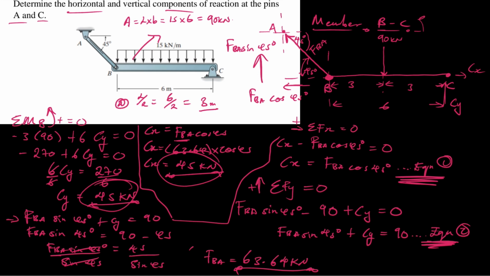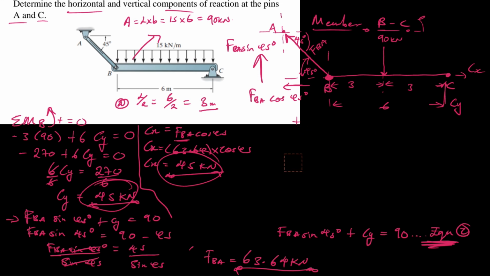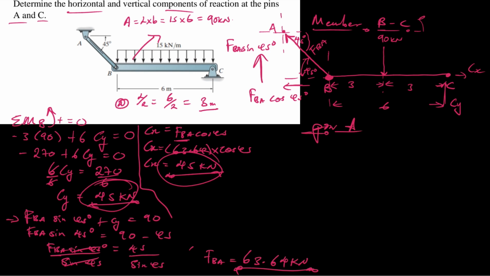What am I trying to say? Let me erase this portion. Like I said, structures can be analyzed independently. So now let's analyze the pin. So pin A. Now remember, pin A has this force. This force, the vector here, protrudes to that end.